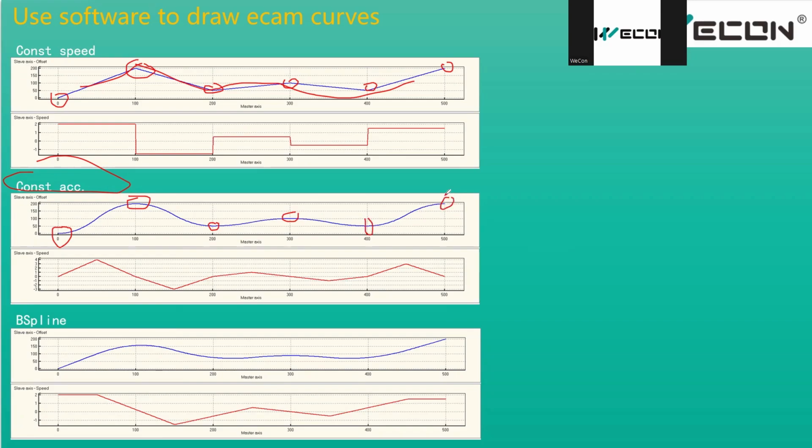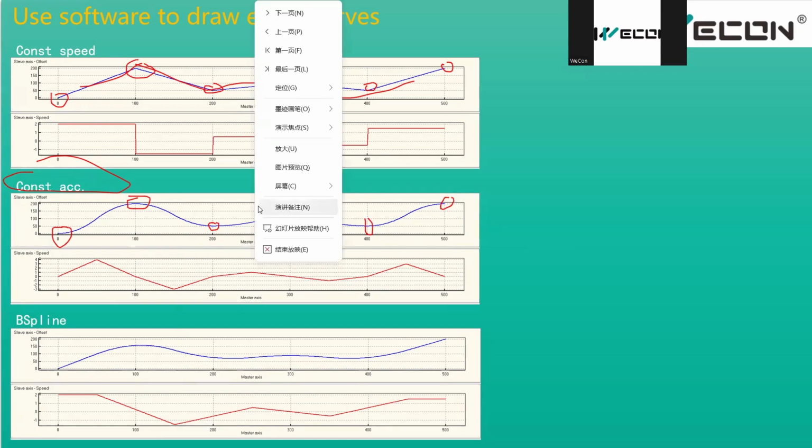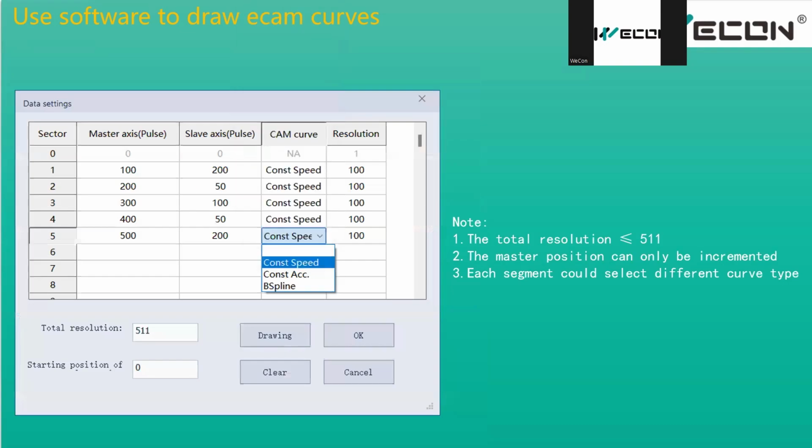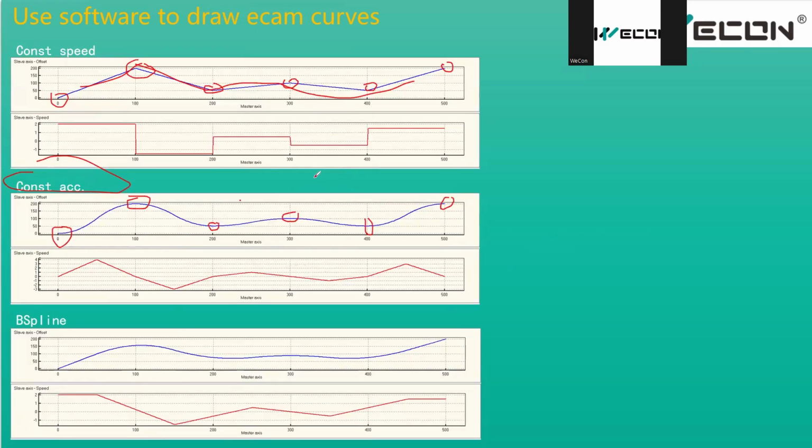We also have 6 key points, and also here we have segments 1, 2, 3, 4, 5. 5 segments. The difference is the position curve is different because we are using constant acceleration. In the first picture we are using constant speed.